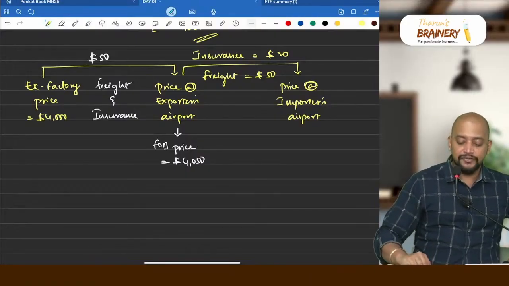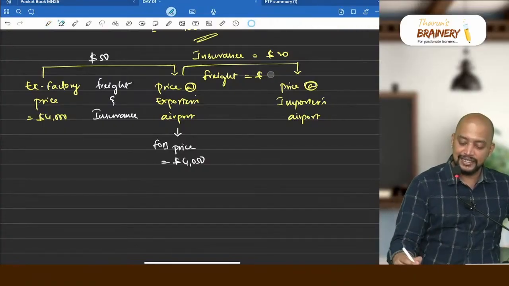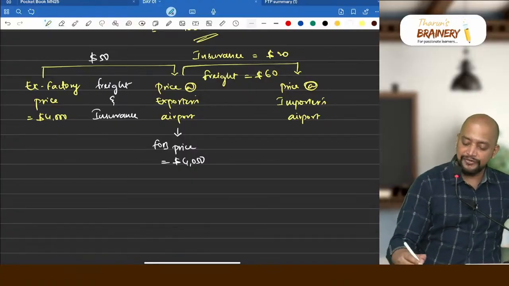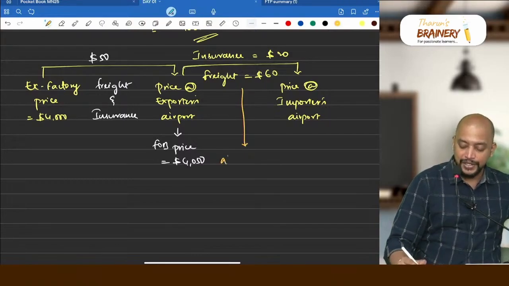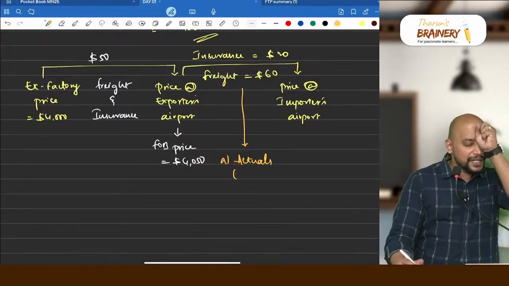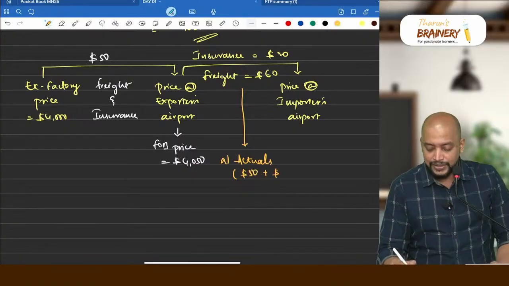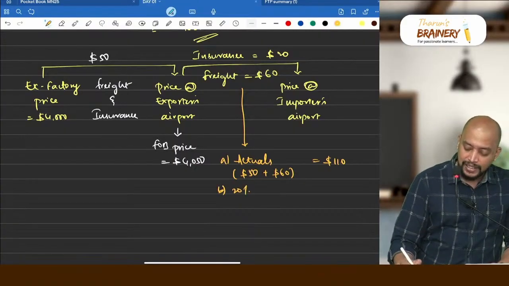Okay. As both are 50, you may get confused between which is which, so let me take this as 60 so that you will get a comparison. And here, what should be taken as the freight? Even though the actual is ascertainable, I need to take a comparison, that is actuals. What are actuals? Actuals is 110. How 110? The moment we take 20%, we are comparing from the factory gate. So $50 plus $60 will be taken as $110, or B, 20% of FOB.